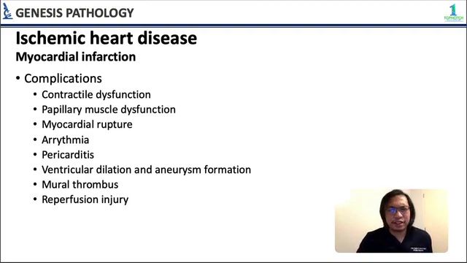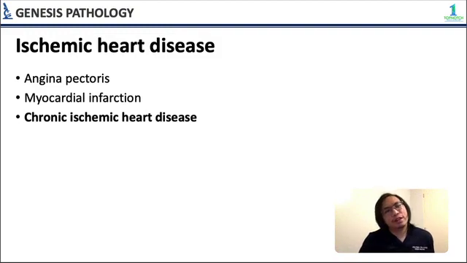Okay? Dami natin discuss. Anyway, chronic ischemic heart disease is actually in Robbins, no? In your pathology, the definition of your chronic ischemic heart disease is ischemic cardiomyopathy, and that is your progressive heart failure due to cumulative myocardial damage. Okay?